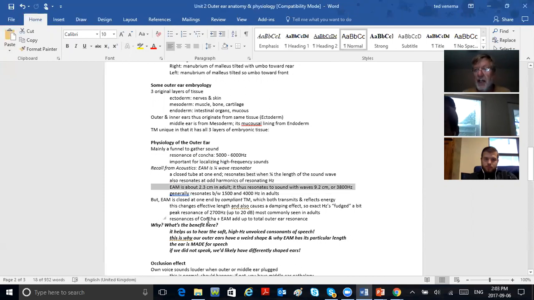Why don't we just say 2.5? Just keep it simple. If this is 2.5 centimeters, 4 times 2.5 is 10. If this is 1 inch, 4 times 1 is 4 inches. Same thing, metric or imperial, who cares?